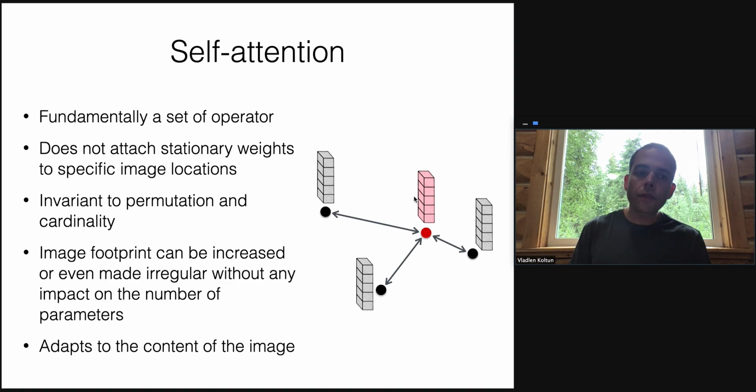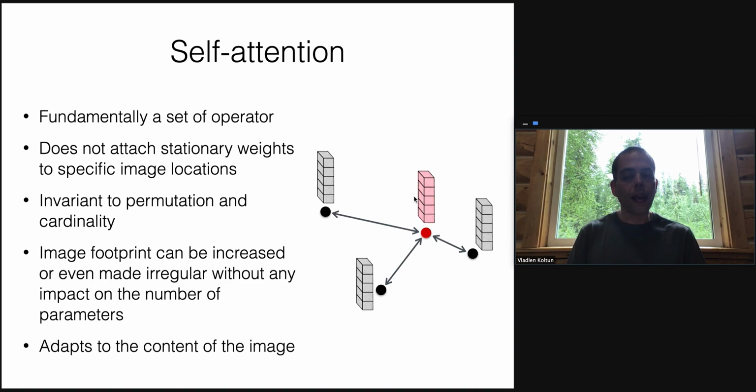So this is very different again from the convolution. The convolution really learns specific weights per image location, and these are the weights with which information from that location is going to be aggregated no matter what. The self-attention is different. It adapts the weights to the content of the image and the content of each data point.